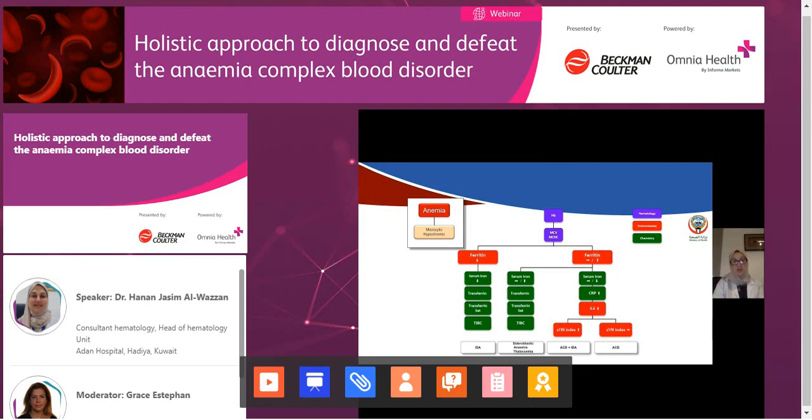However, if the serum ferritin is normal or high, you cannot differentiate whether it is isolated anemia of chronic illness, or it is combined with the iron deficiency.